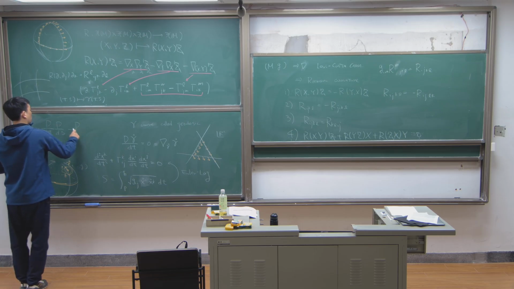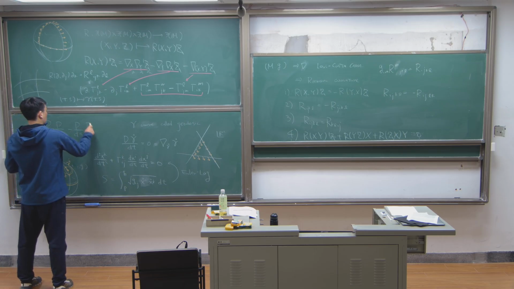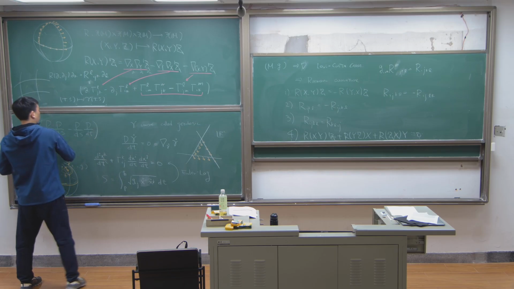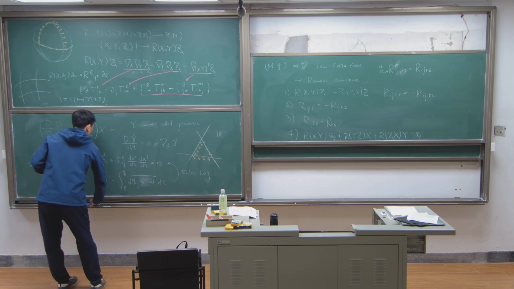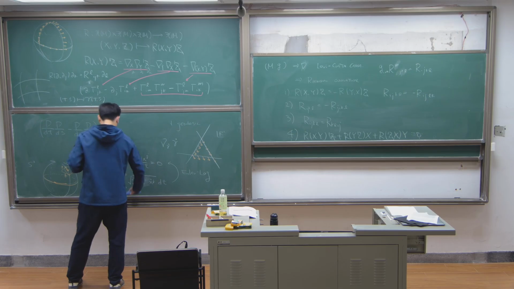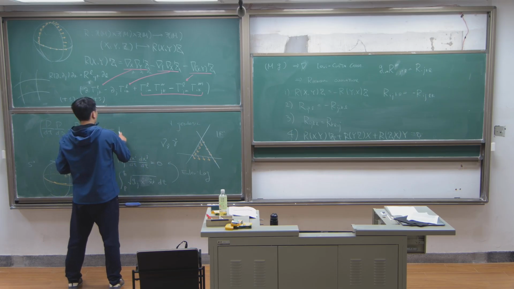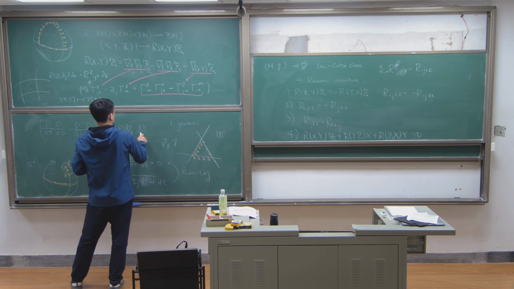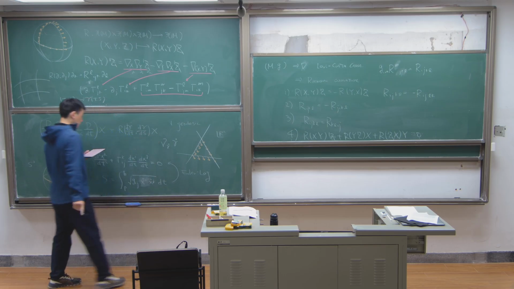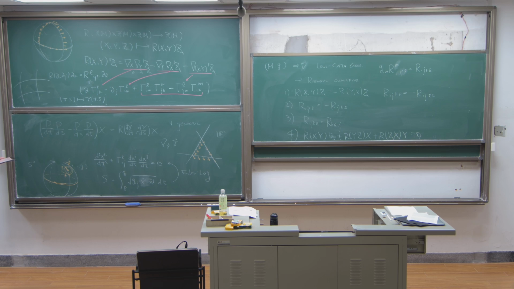So this is the curvature you get. It's a difference between two ways of doing the parallel transport. So this is literally one way to define the Riemann curvature.